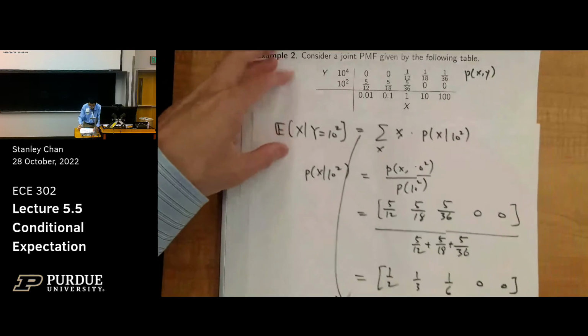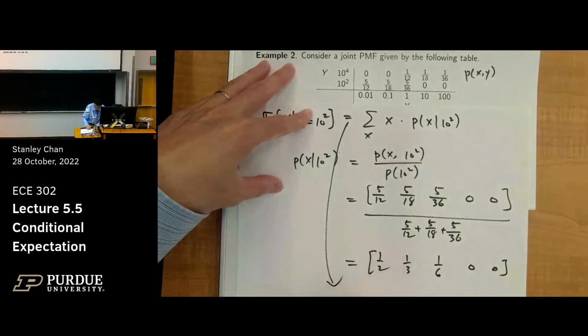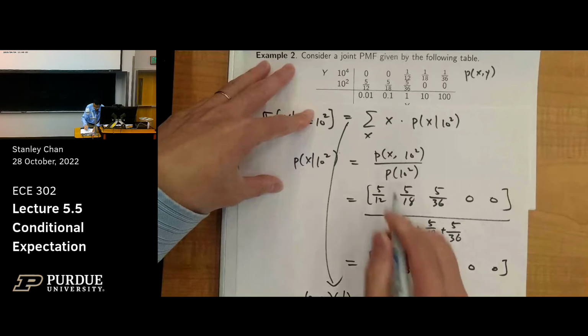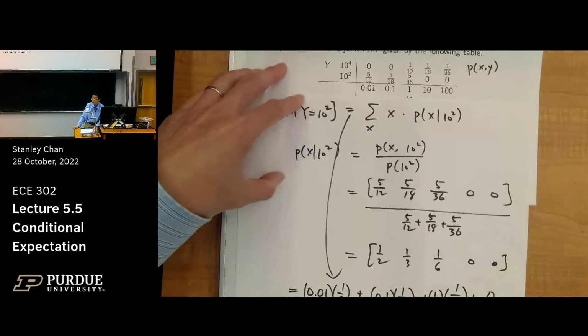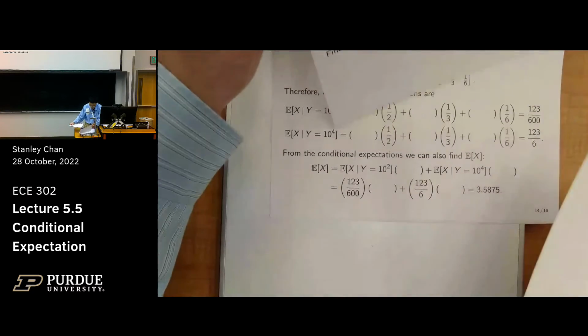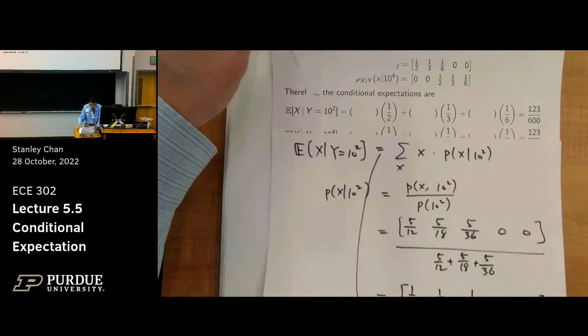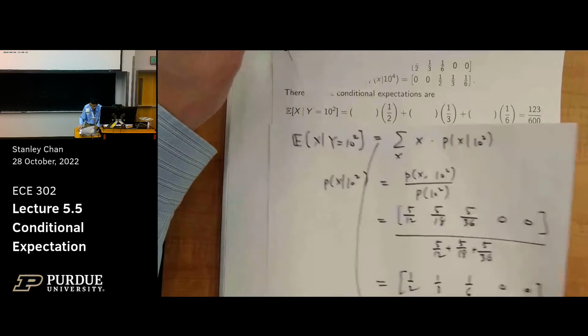Well, you look at this table. You have 0.01 will go with this probability. So you have 0.01 going with 1/2, plus 0.1 going with 1/3, and then plus 1 going with 1/6, and you have 0. Okay, so you do the calculation, and let me look at the answer. This is 123 over 600.